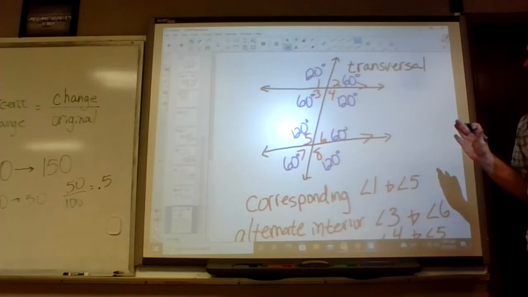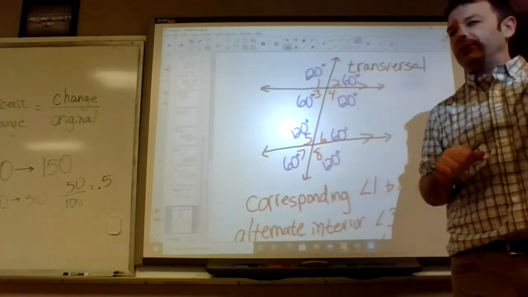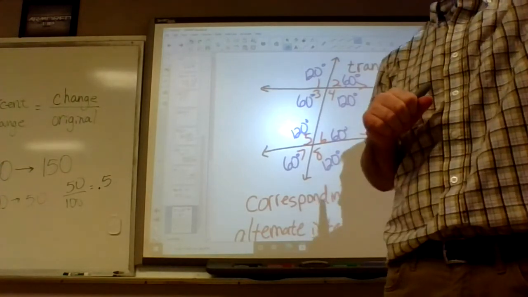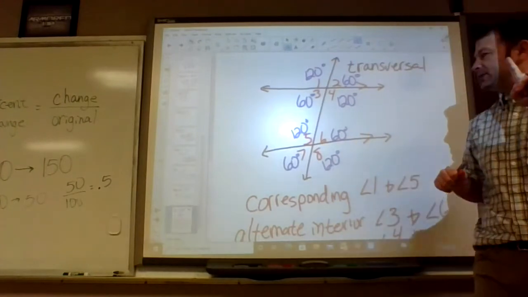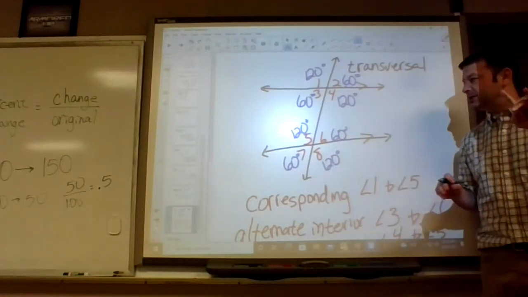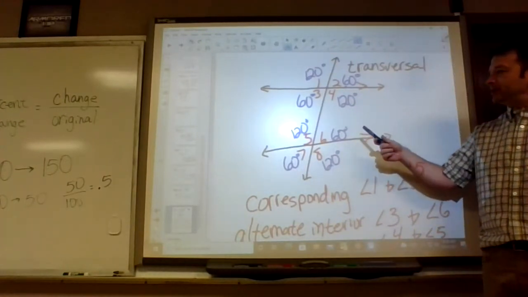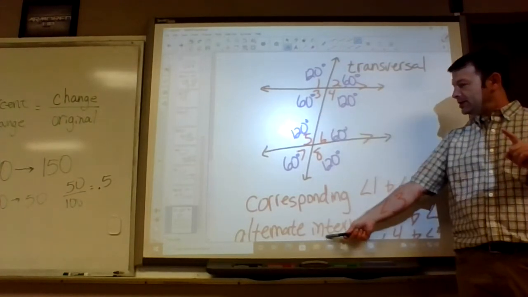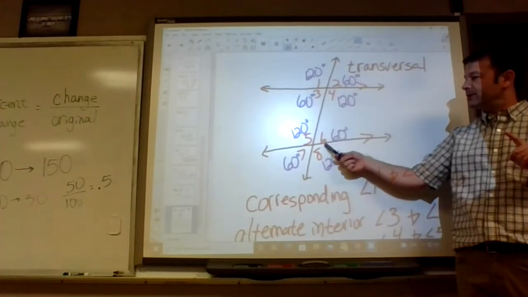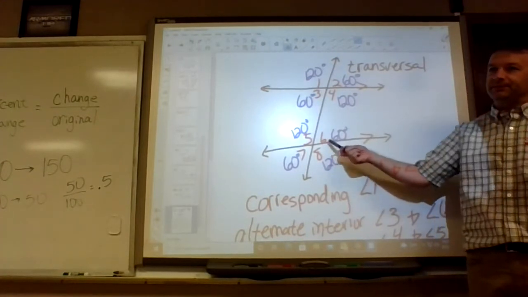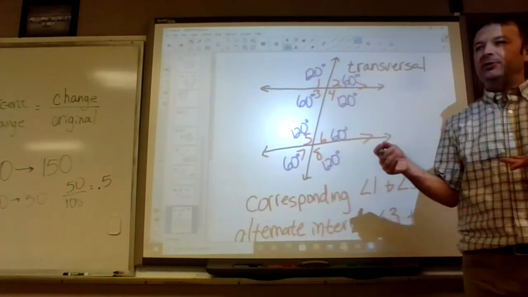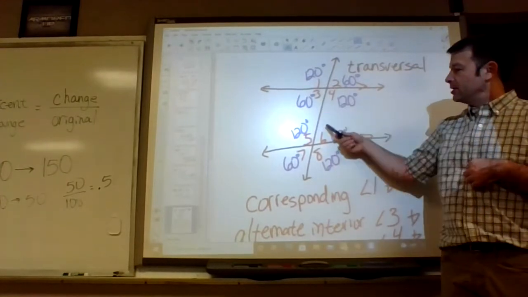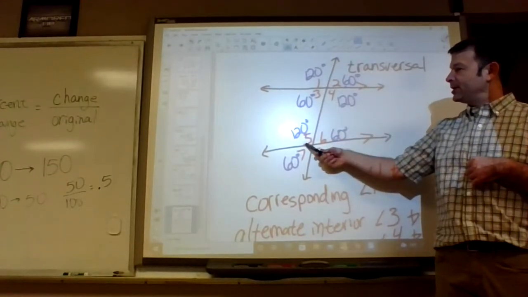Okay, so something else. Rule number 1 that we learned, corresponding angles are congruent if lines are parallel. That's a postulate, corresponding angles postulate. But there's some other things that we can say. Alternate interior. What can I say about angles 3 and 6? They are congruent, right? And 4 and 5, same thing.